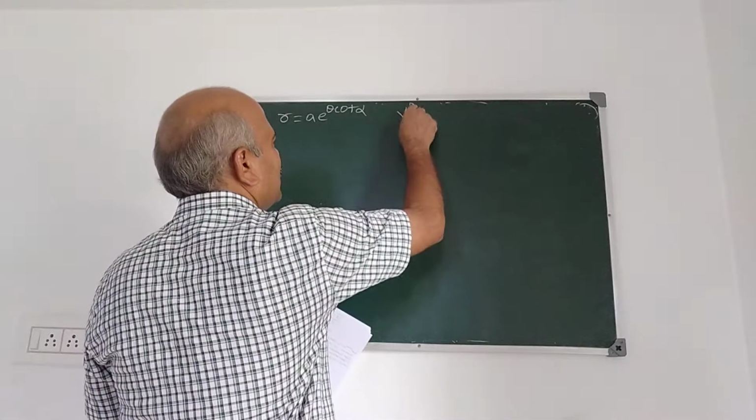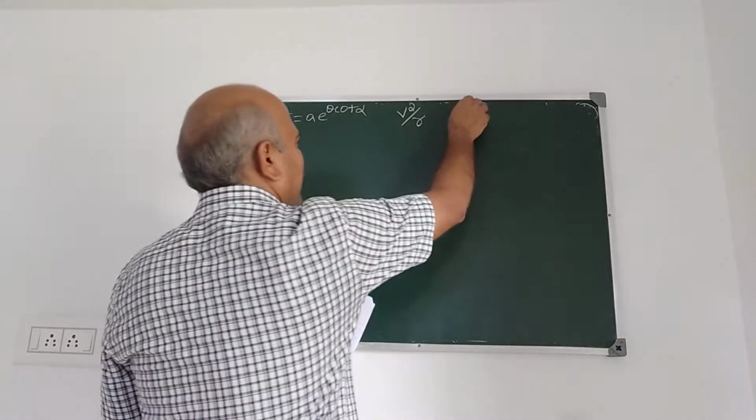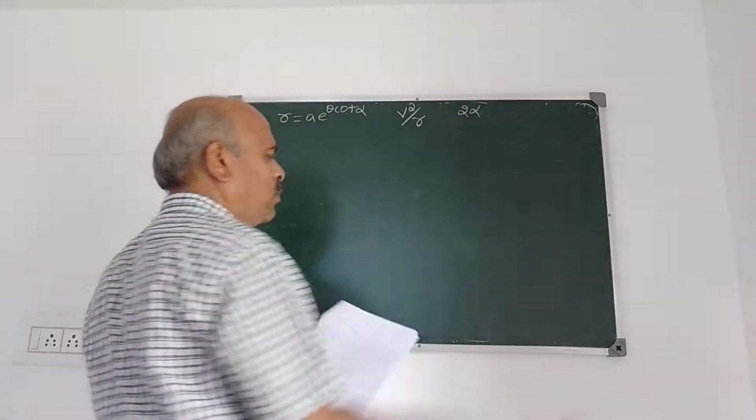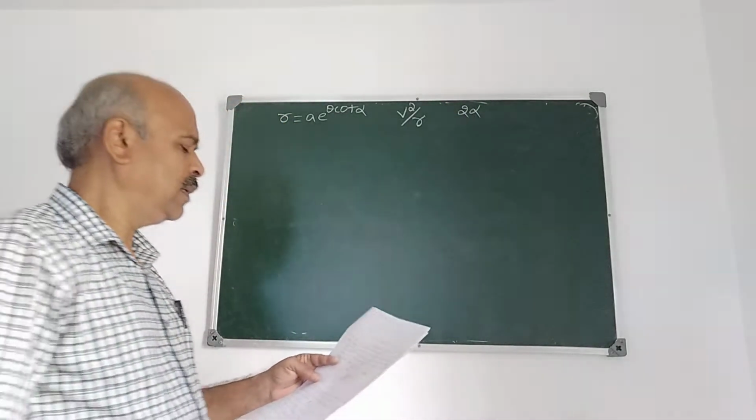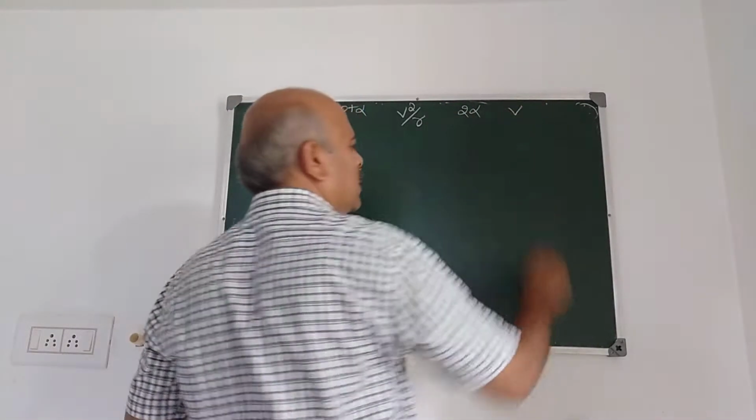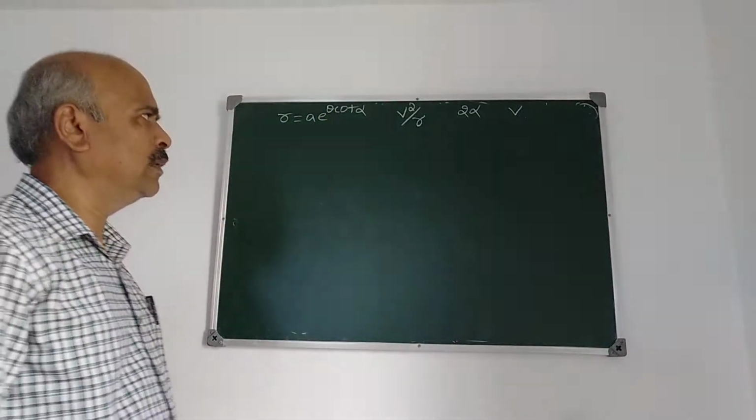Magnitude of the acceleration is v square by r, and the acceleration makes an angle 2 alpha with the radius vector. What is v? V is speed of the particle.